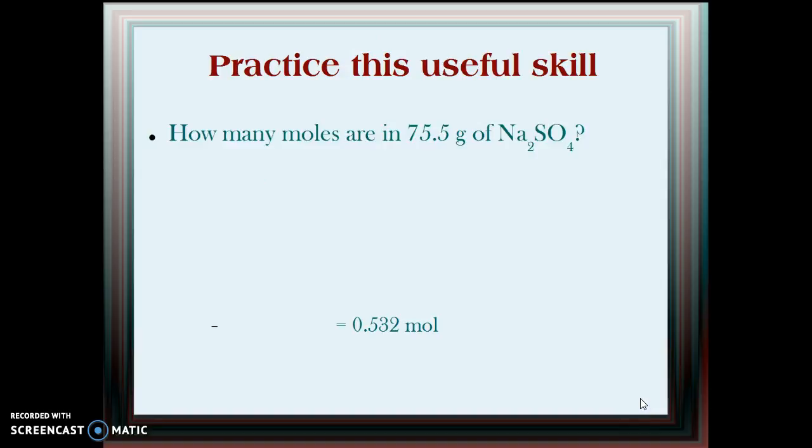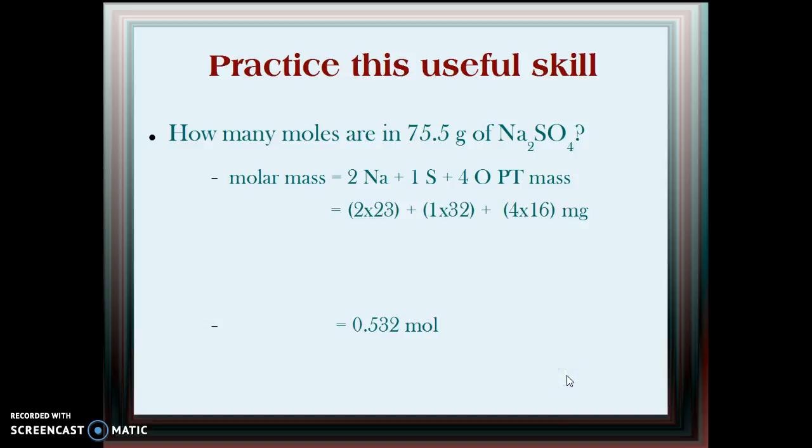So let's practice. How many moles are in 75.5 grams of sodium sulfate? You see the answer at the bottom. We'll work towards that. The molar mass is 2 times sodium, 1 of sulfur, and 4 of oxygen from the periodic table. 2 times 23 plus 1 times 32 plus 4 times 16.